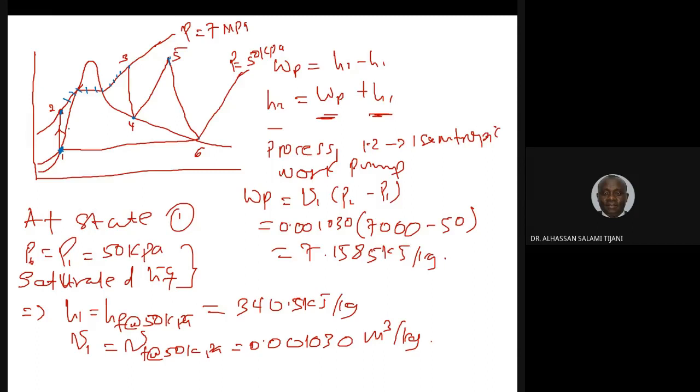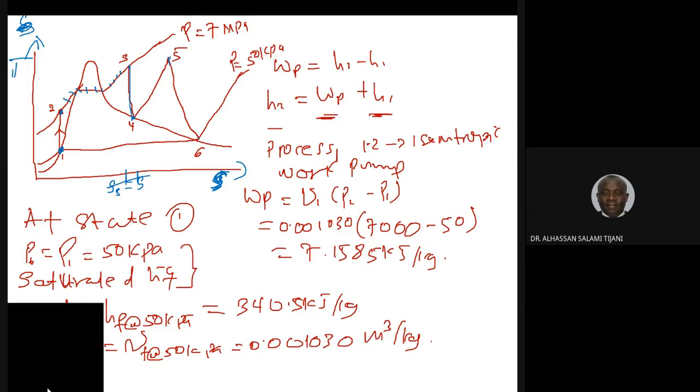All that we know at state 4 is the entropy, so this is the temperature-entropy TS diagram. This tells us that S3 equals S4. So S3 is the same as S4.